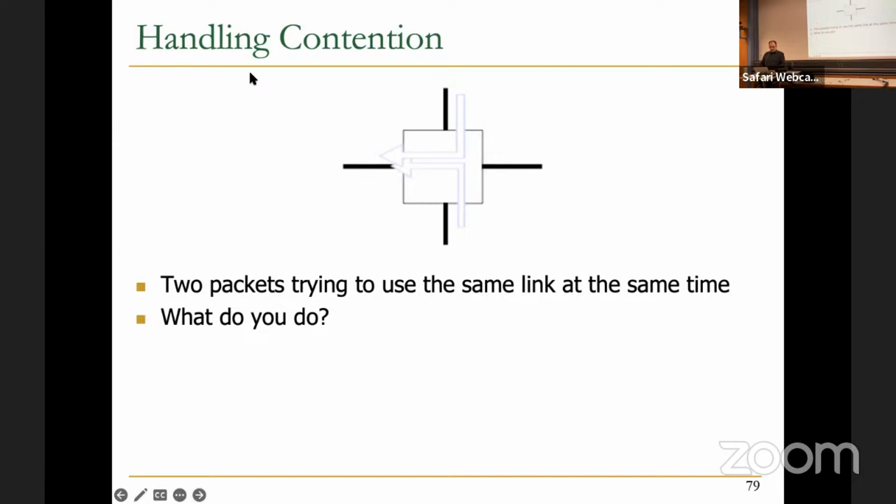As a related point, we have contention. Two packets try to use the same link at the same time. You can see the packet from up wants to go west, and the one from south wants to go west. So these two packets are trying to use the same link at the same time. What do we do essentially? We can buffer one of them, or we can drop one of them, which usually does not happen in network on chip, though in a network it can actually happen; sometimes packets are dropped and we need to redo the communication.